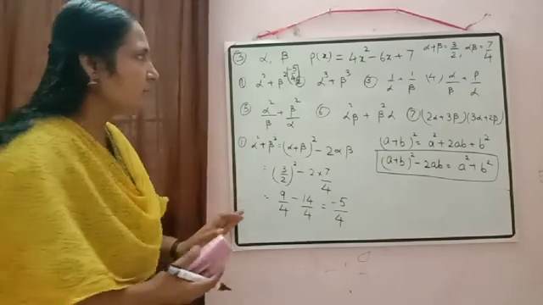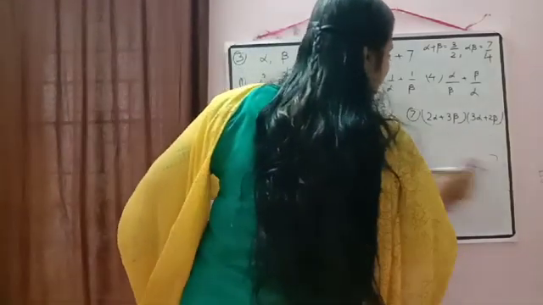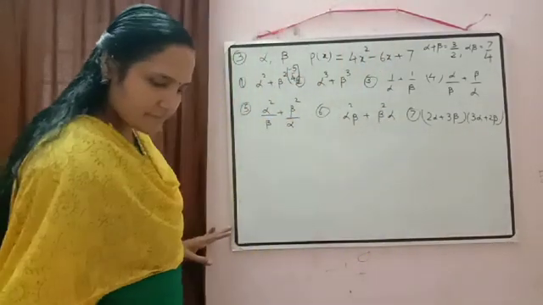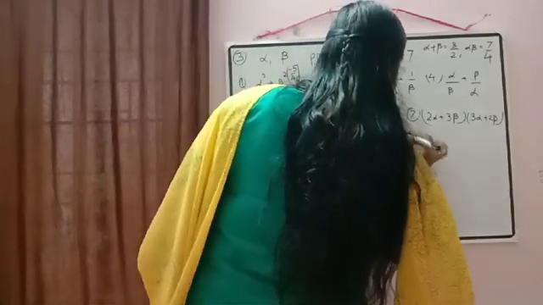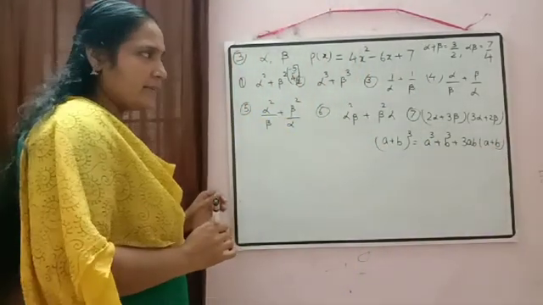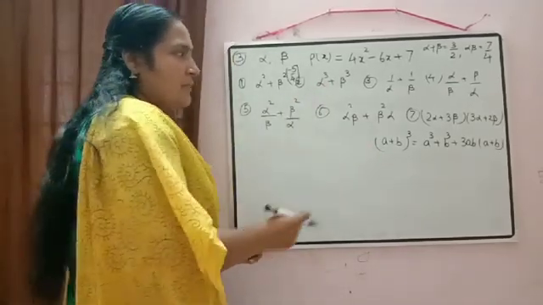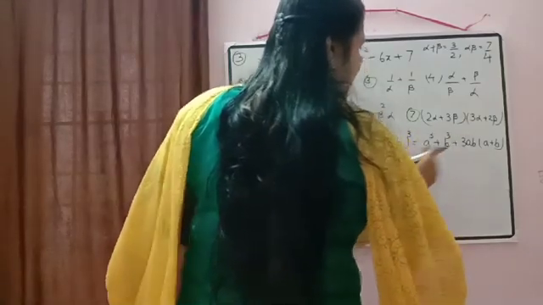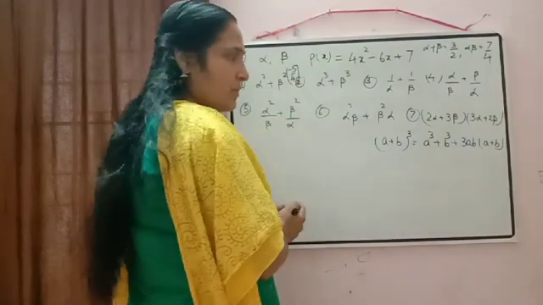Okay. Now next one is alpha cube plus beta cube. So here again we can check how we can use any identity here. So this identity we know. That is a plus b the whole cube is equal to a cube plus b cube plus 3ab into a plus b. This identity you studied in 9th class. So to solve these type of question, we will use this identity. So here also we have to find out the value of a cube plus b cube. Except a cube plus b cube, rest all the things we can shift to left hand side.